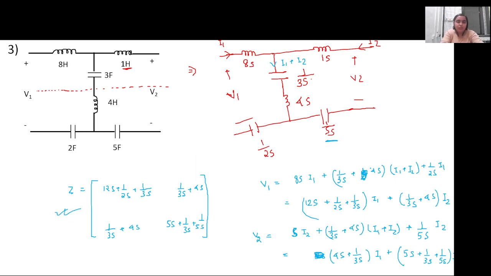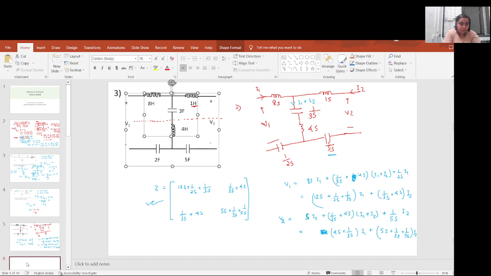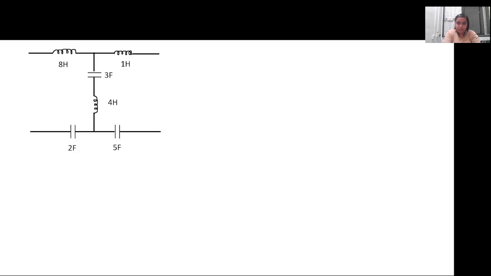Now we will show how this circuit can be converted into two series circuits. We will divide this circuit from the middle.